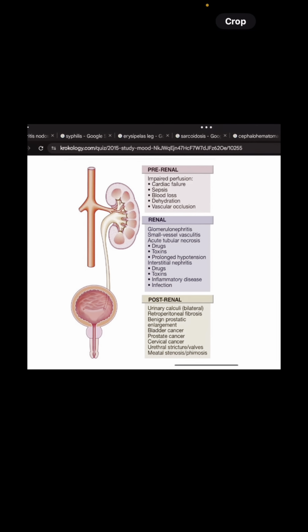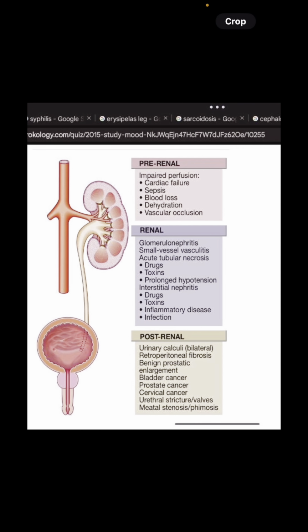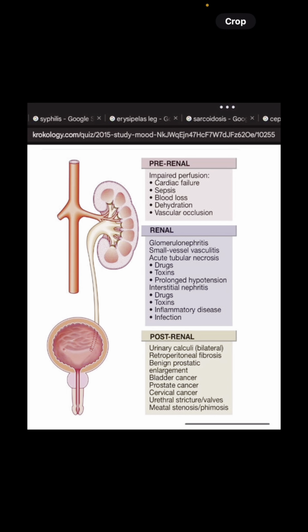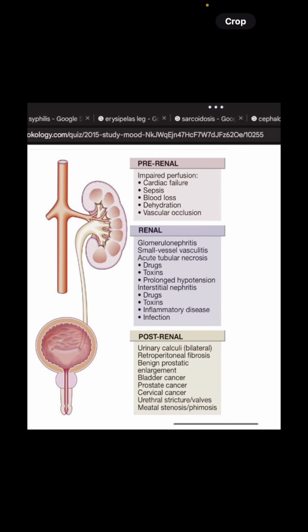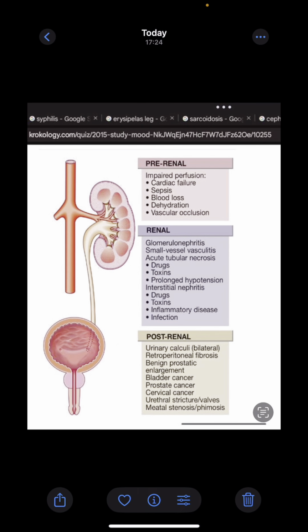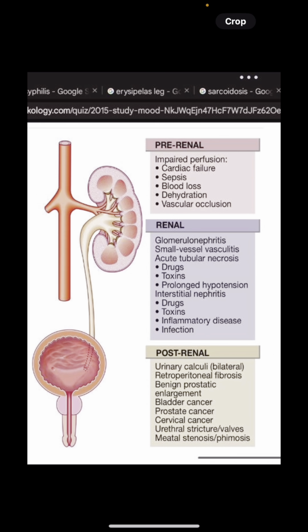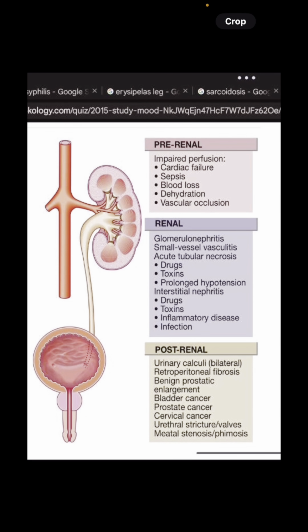So this is a photo showing acute kidney injuries. What can be the causes for the pre-renal, renal or post-renal injuries? One by one, the pre-renal injuries can be caused by cardiac failure. If the heart fails, it will not be able to supply the renal artery, and this is simply what we know as acute kidney injury. Sepsis can cause this, blood loss, dehydration or some sort of occlusion can cause this.